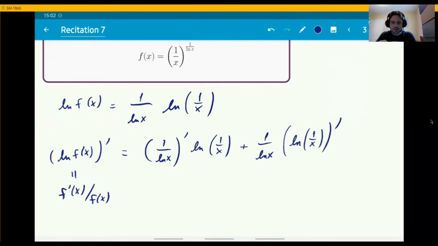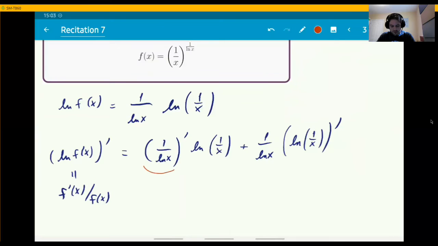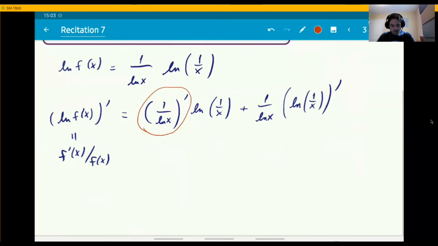Now we have to compute this. Each one of these derivatives will require some sort of rule for you. The first one, at least I'm going to indicate what you can do with this guy: 1 over ln x prime. What you can do here is either the quotient rule. It's a simple form of the quotient rule because it is a fraction, but the numerator is a constant number, just 1.